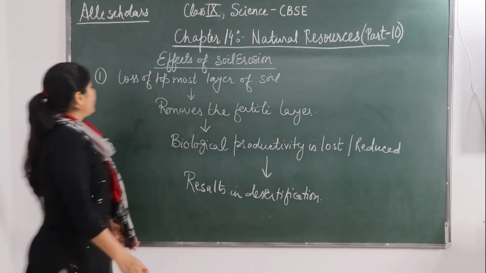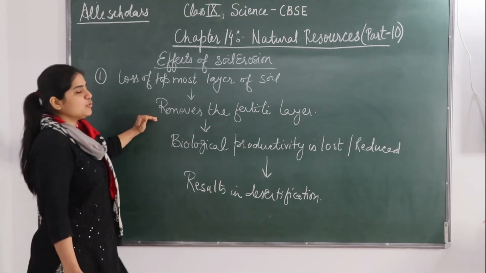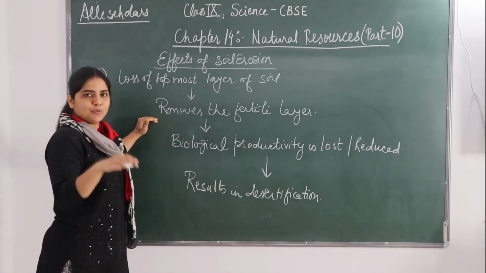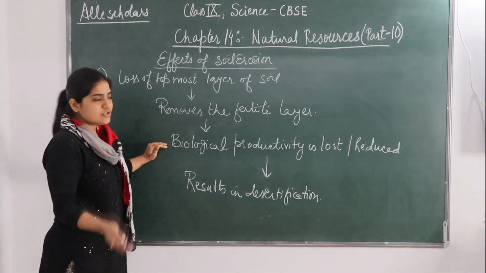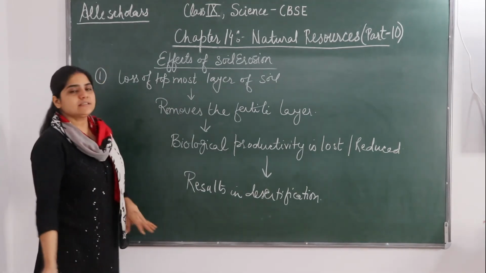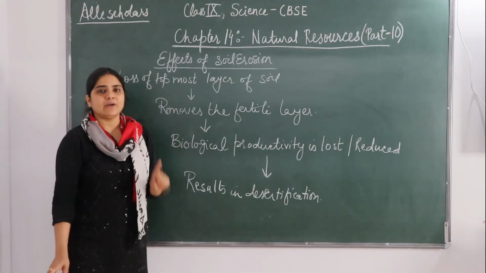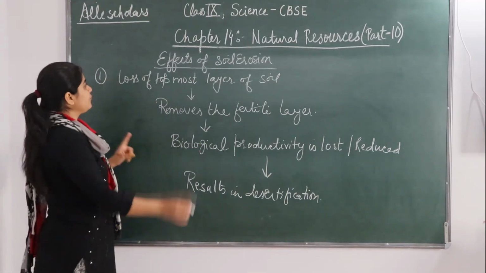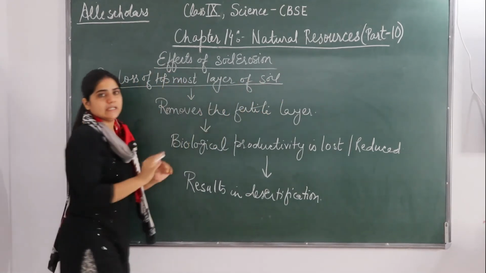Fine. So loss of topmost layer of a soil removes the fertile layer, because the topmost layer is a fertile layer. Biological productivity is lost or reduced, and this is going to result in desertification. So the first effect of soil erosion is the loss of topmost layer.